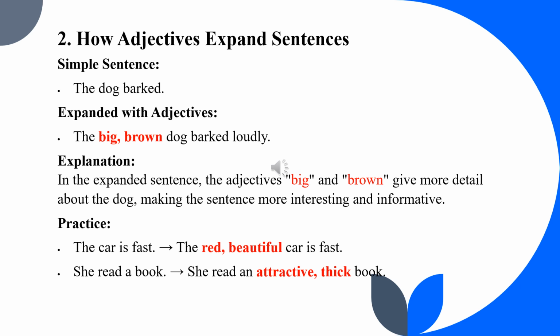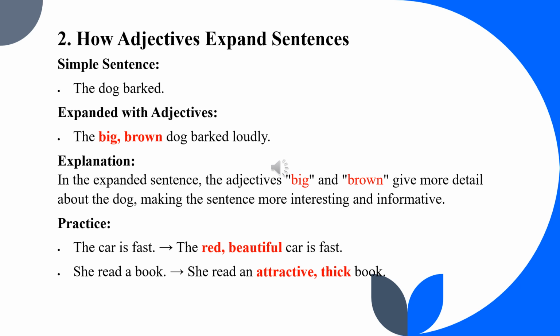So, look at these examples as a practice. If we say, the car is fast. Well, what if we add more adjectives to the same sentence to become, the red beautiful car is fast?